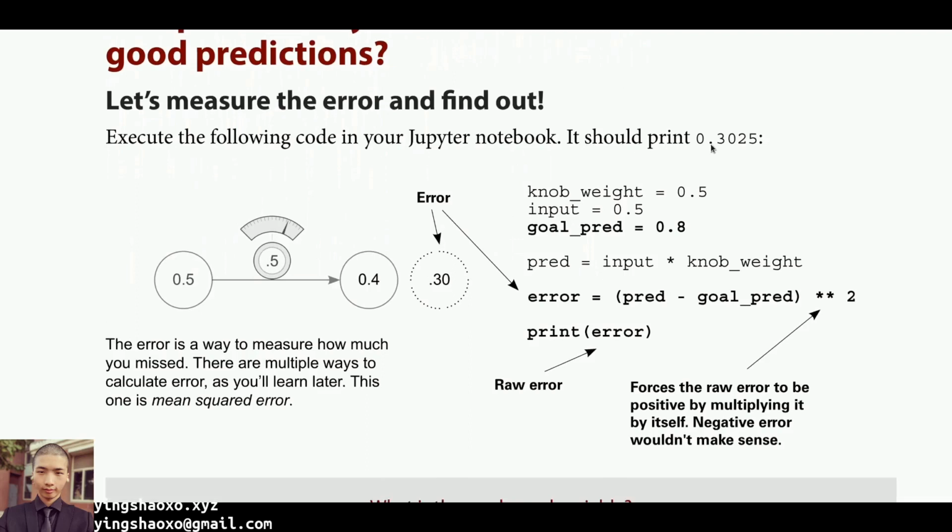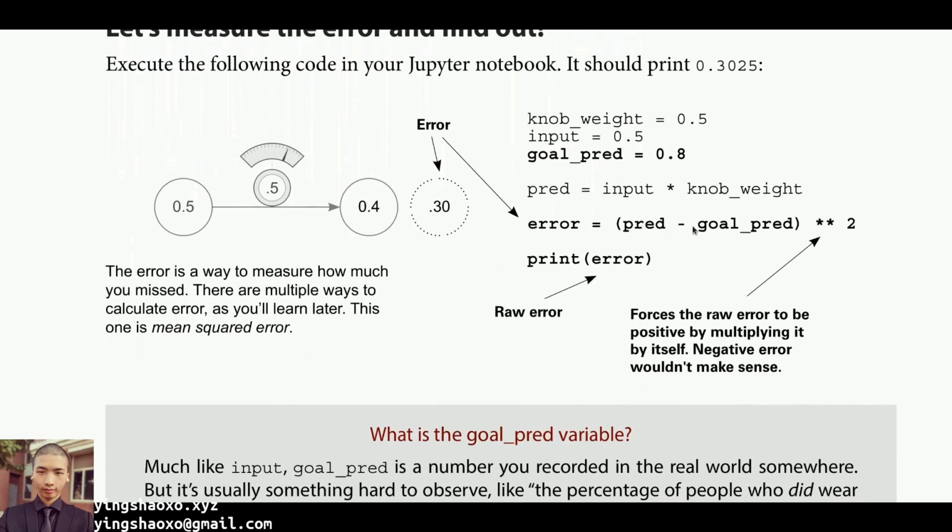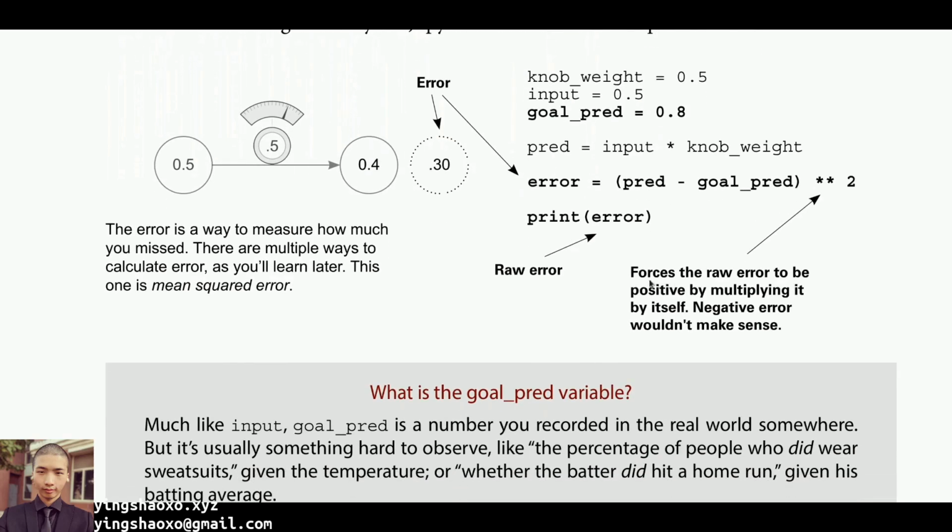It should print out 0.3: the knob weight equal to 0.5, the input equal to 0.5, the goal prediction equal to 0.8, the prediction equal to input times the knob weight, the error equal to the prediction minus the goal prediction, and we have to calculate its squared value. This forces the raw error to be positive by multiplying it by itself. A negative error wouldn't make sense.